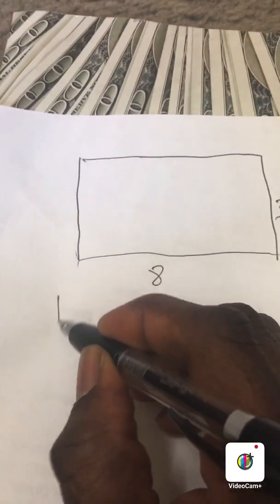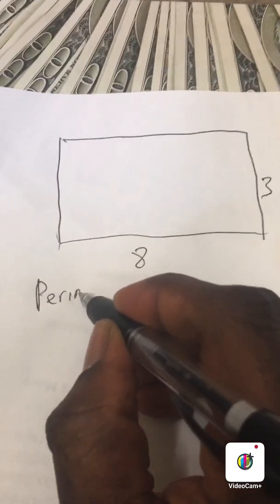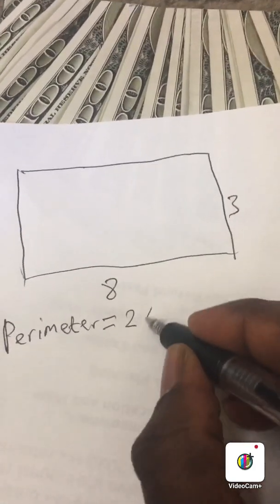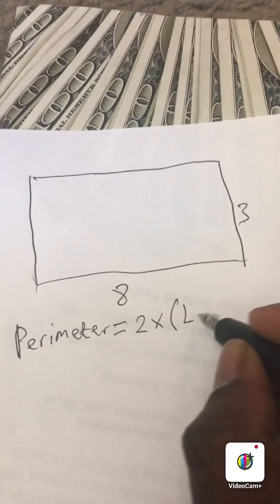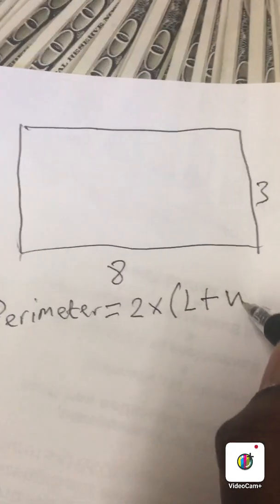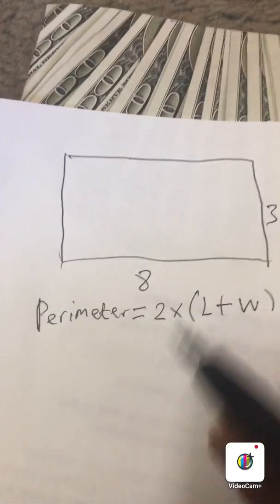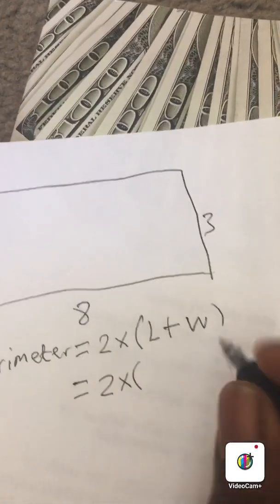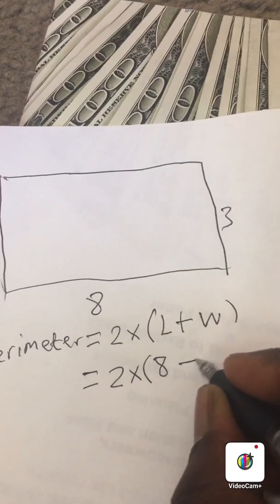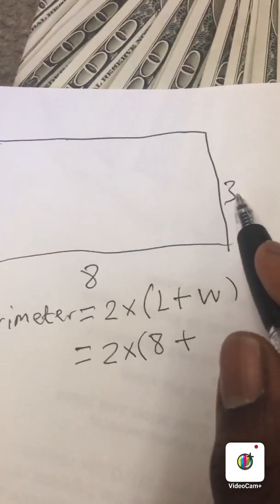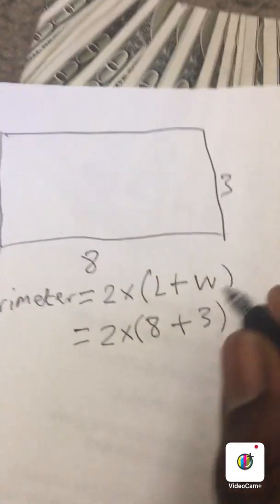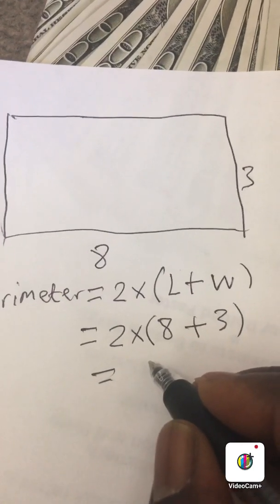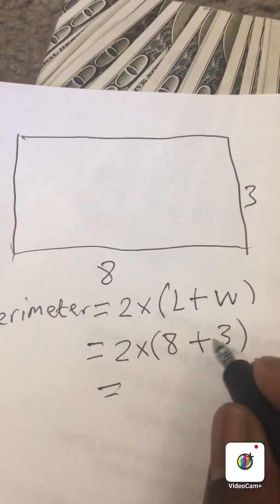So the perimeter becomes 2 times the length plus the width. Okay, so which will give us 2 times, the length is 8 cm, put it right here, and the width is 3 cm, put it right here, and then from the math they say to do the stuff in the parentheses first.